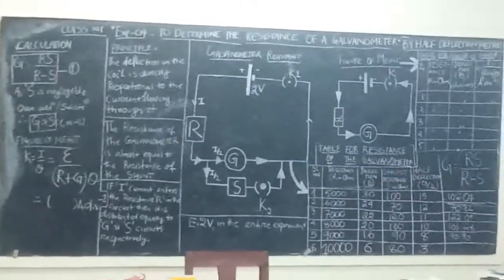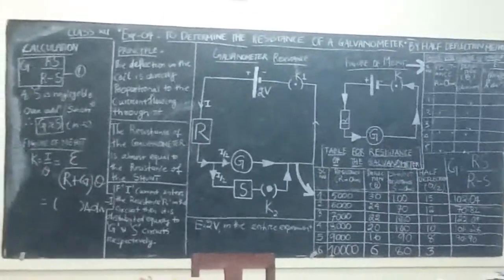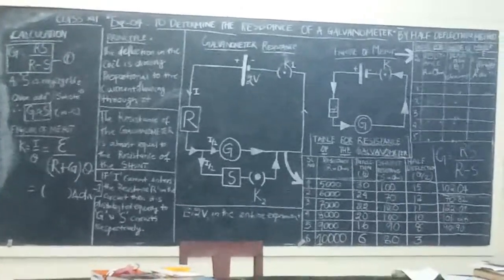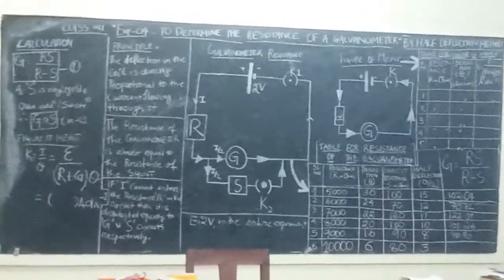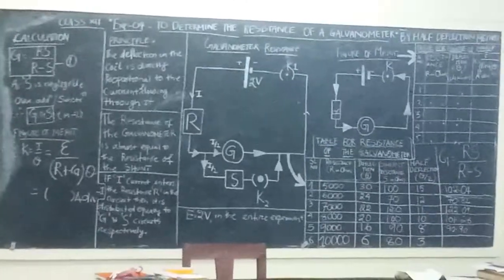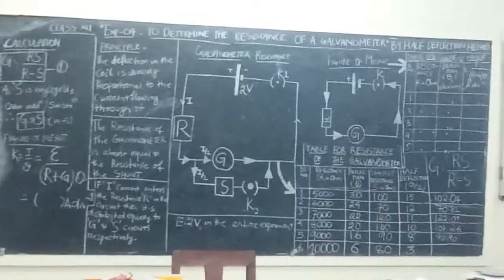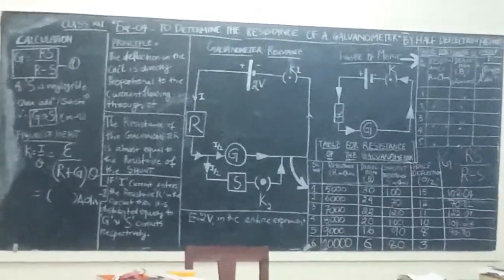And now we will try to bring one deflection for a particular resistance in the circuit. For example, take 10,000 ohm in the circuit. We will try to bring the deflection of 6 in the galvanometer.